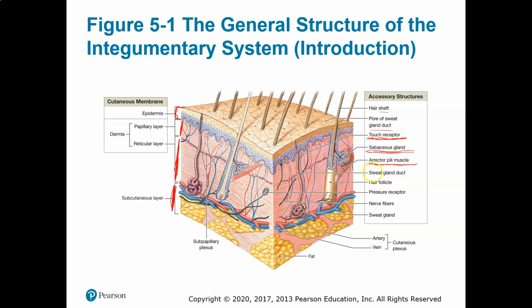A sweat gland duct. In the deeper part of the dermis, the hair follicle itself, a pressure receptor, which is in the reticular layer of the dermis, some nerve fibers, and sweat glands, and blood vessels.